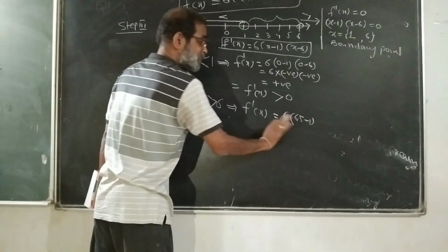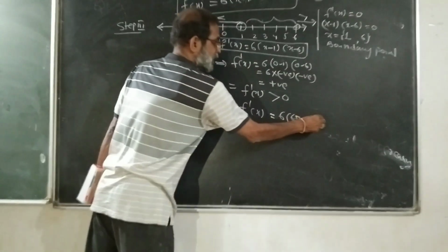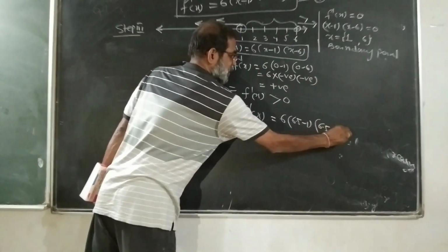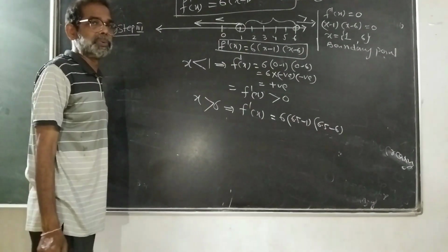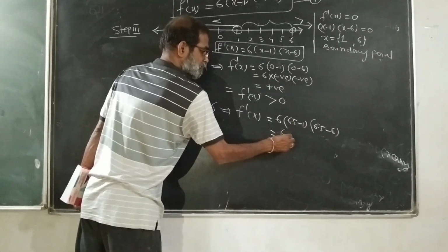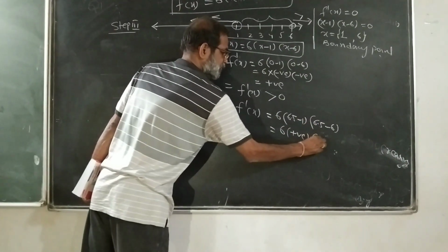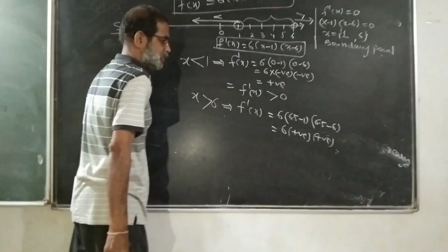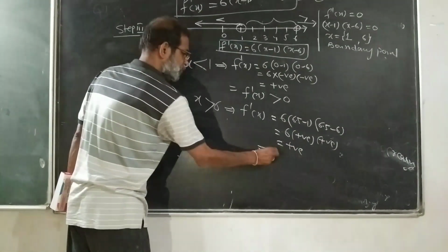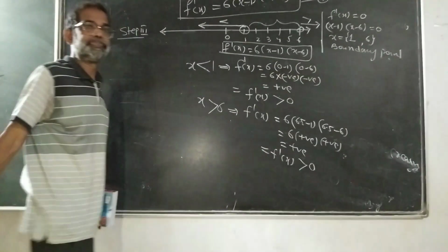Minus 1, don't subtract, just see. This is the big number, this is a small number. 6.5 minus 6 is positive, and this is also positive. Positive into positive, total is positive. So f dash x is greater than 0.